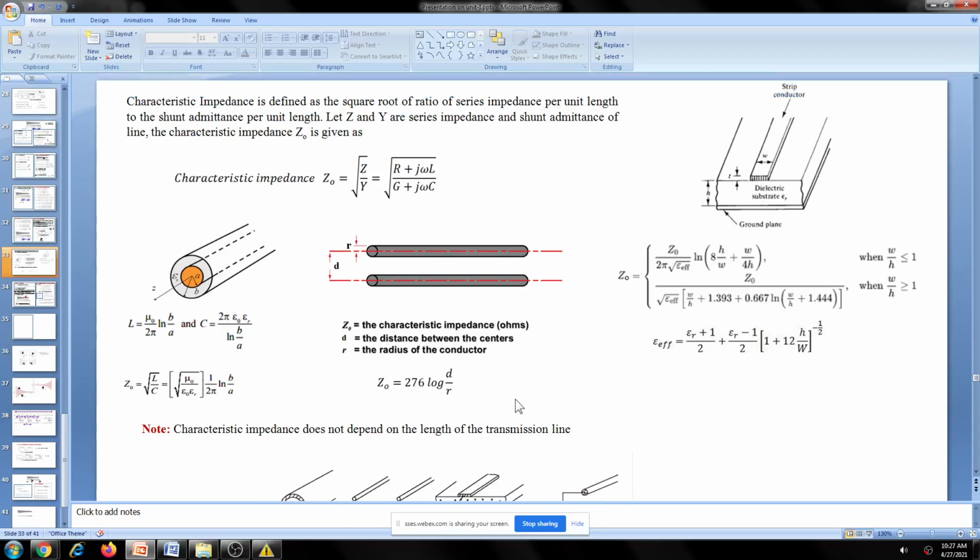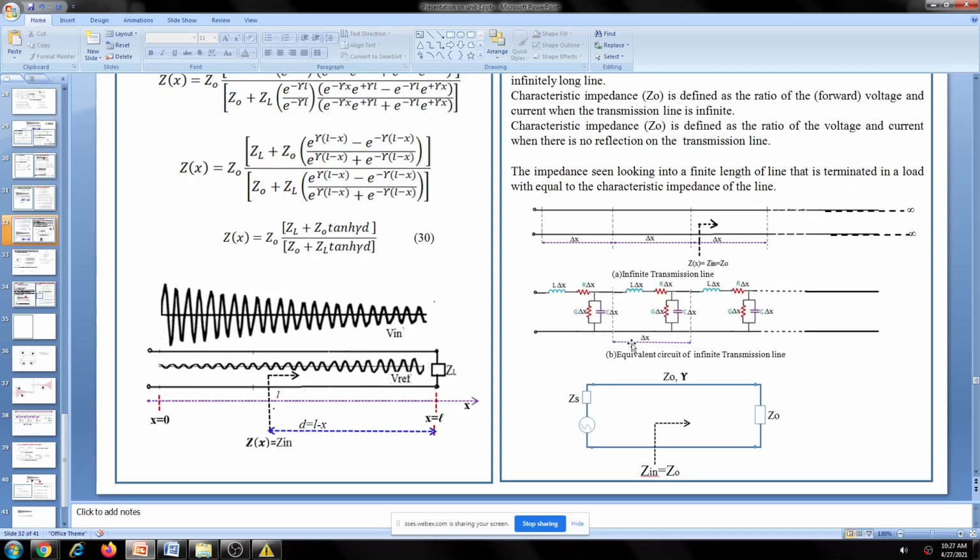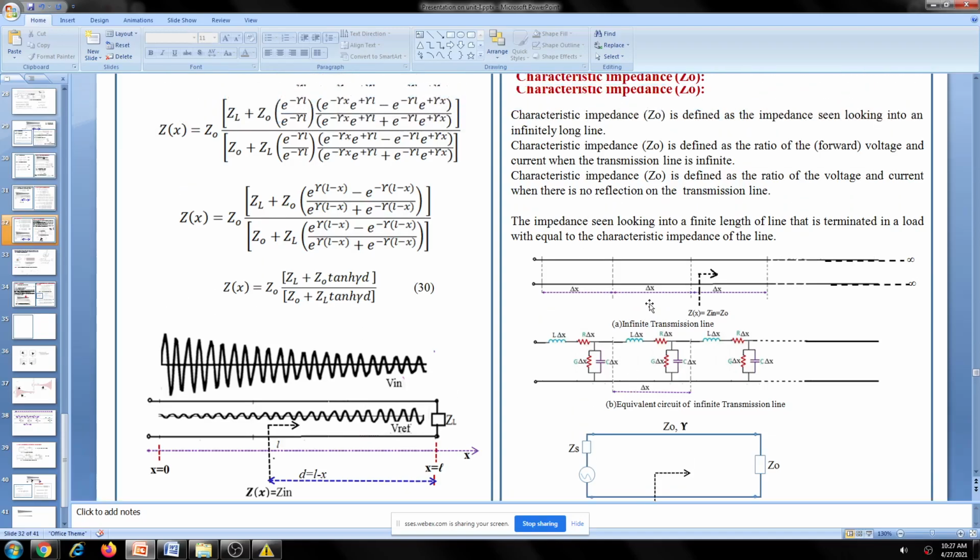So that is the characteristic impedance. Its definition is like this. It is the ratio of voltage to current of an infinitely long transmission line, or the ratio of voltage to current when there is no reflection on the transmission line. If an infinite line is there, then there is automatically no reflection, so it is the voltage to current ratio of that.